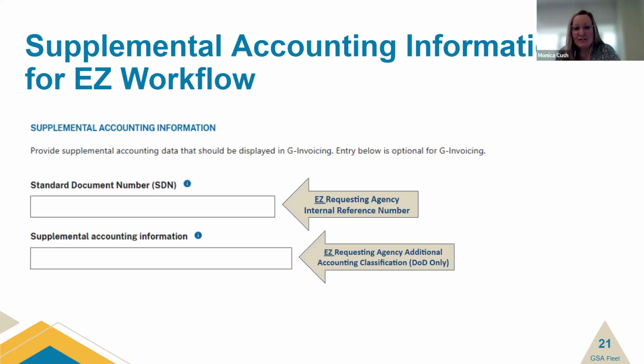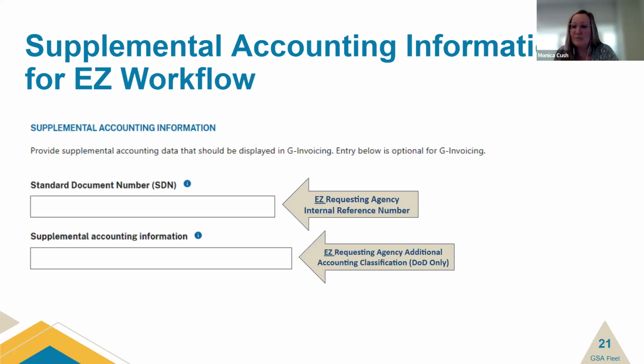On the EZ record, there's a data field called the Requesting Agency Internal Reference Number. Whatever you enter for the standard document number in this field will be mapped to the internal reference number on your EZ record. Similarly, the supplemental accounting information for our DoD customers will also get mapped to your EZ record. Again, these two fields are optional, and you can use them whatever way your agency deems appropriate.